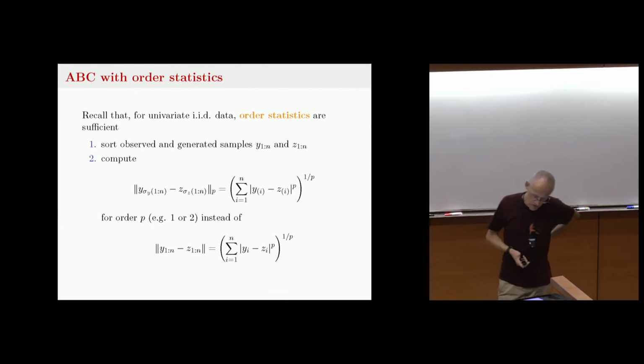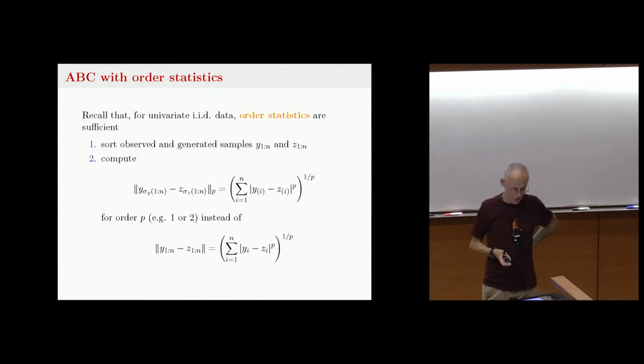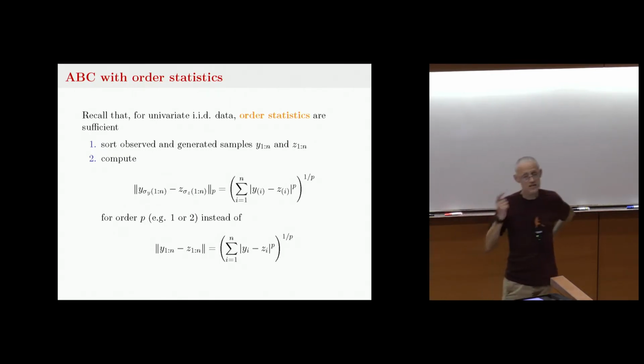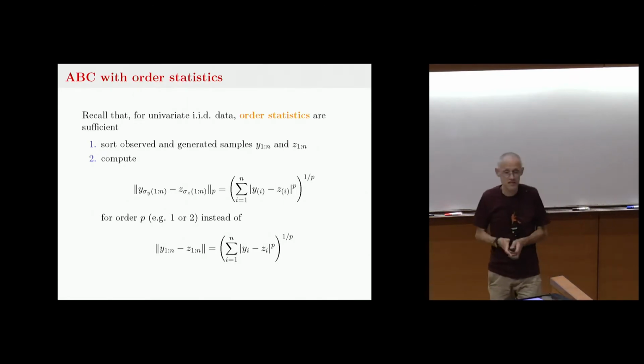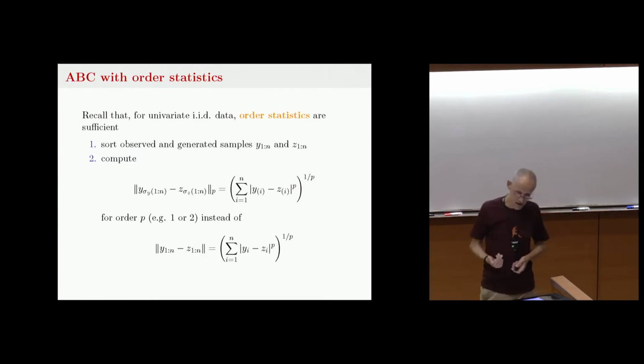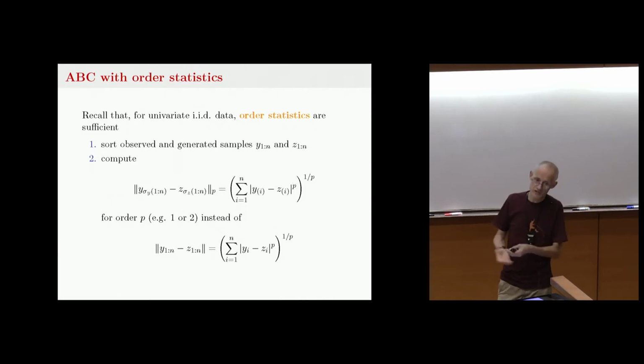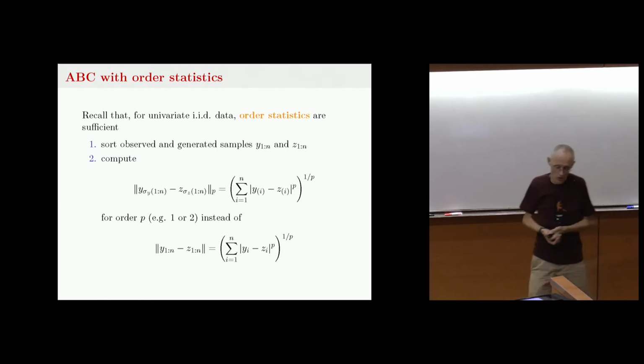So one naive illustration is the use of order statistics, namely that if you are in an IID problem, the order statistic is a sufficient statistic, and therefore rather than looking at the distance between the vector y and the vector z, one could look at the distance between the order statistics of both samples.